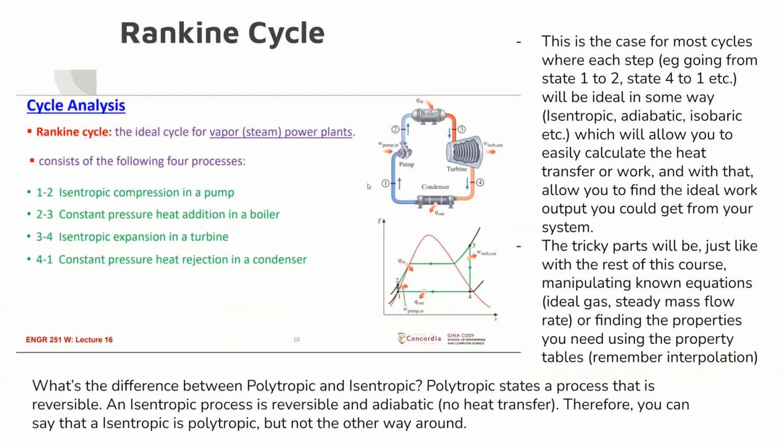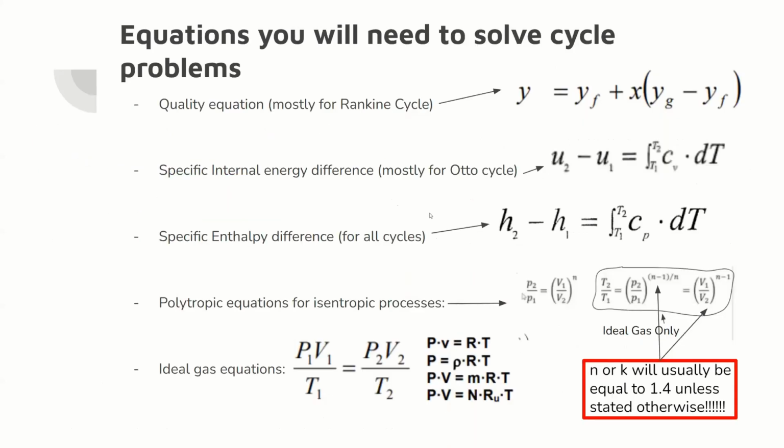What's important is what's going on with water when it goes from state 1 to state 2, state 2 to state 3, state 3 to state 4, state 4 to state 1. It's very important to know what ideal property is assigned to each process. From 1 to 2, it's isentropic, meaning you can use the isentropic equations.